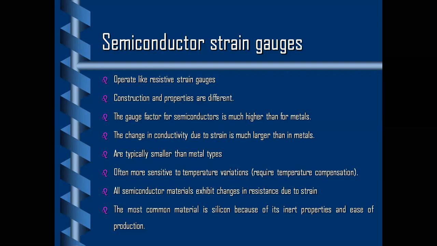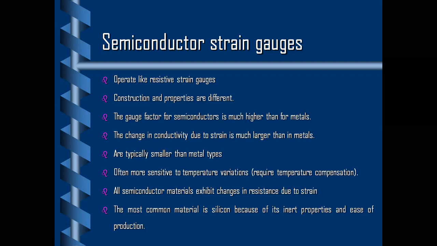In the semiconductor strain gauge the gauge factor is much higher compared to the metal type. Here the change in conductivity due to the strain is much larger than in the metal.